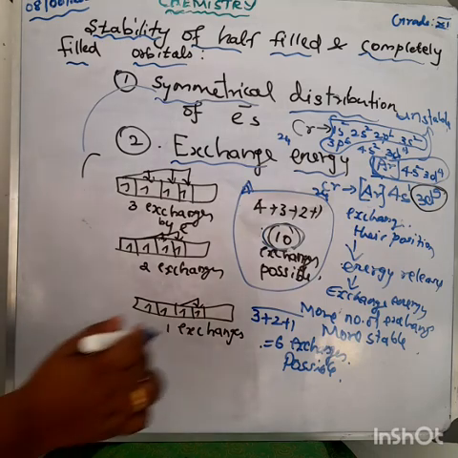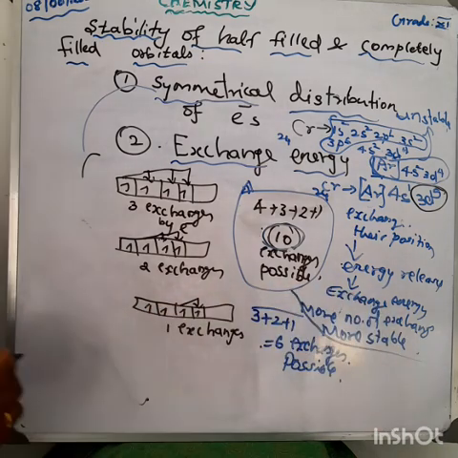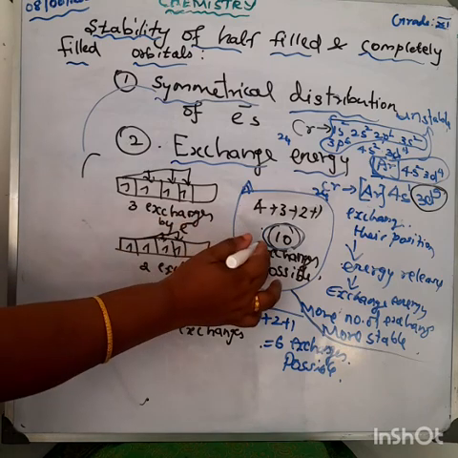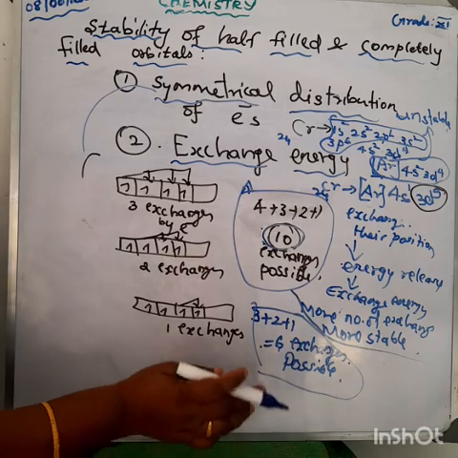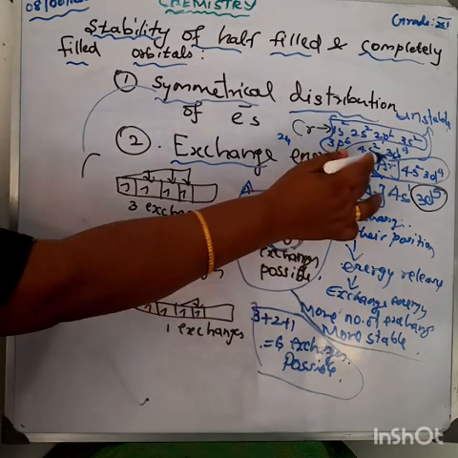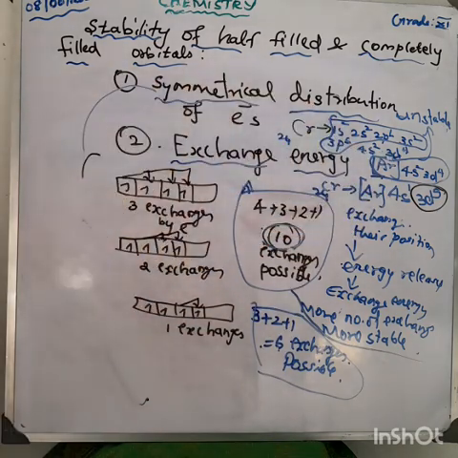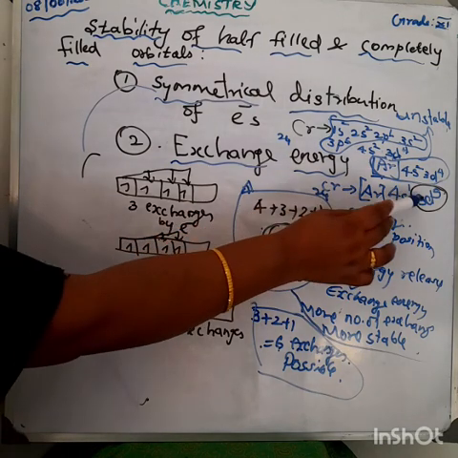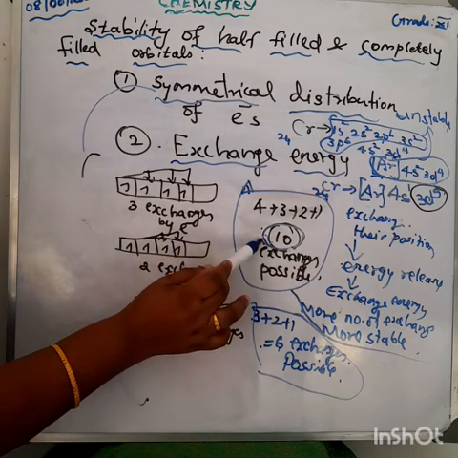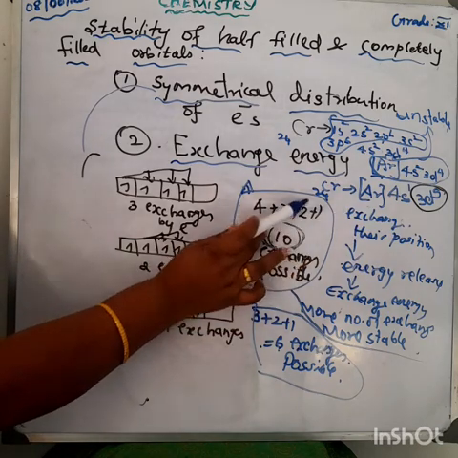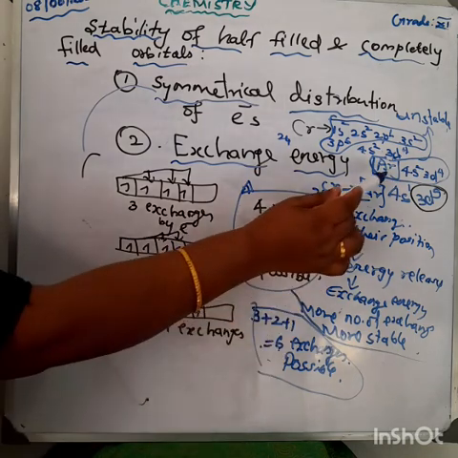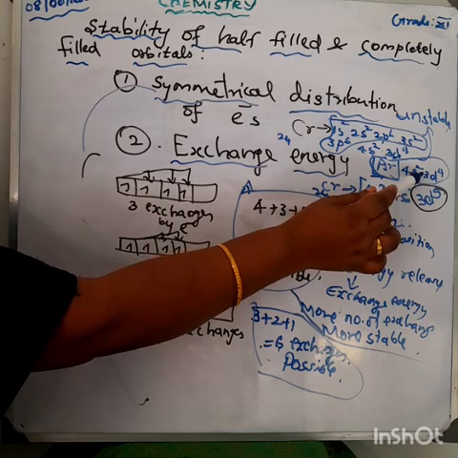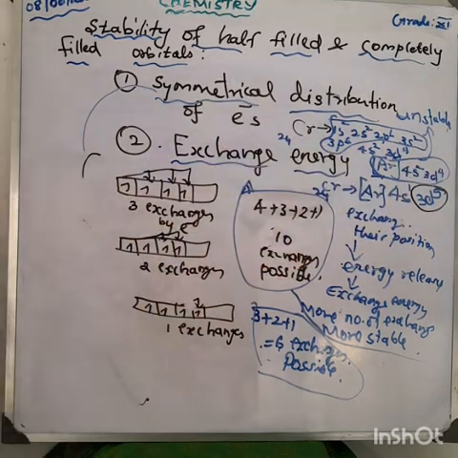Understood? The 3d orbital is half-filled and there are 10 possible exchanges. On the other hand, only 6 exchanges are possible for the argon 4s2 3d4 configuration. In the 4s1 3d5 configuration, more exchanges are possible. With 10 possible exchanges, it is a more stable configuration than the argon 4s2 3d4 configuration.